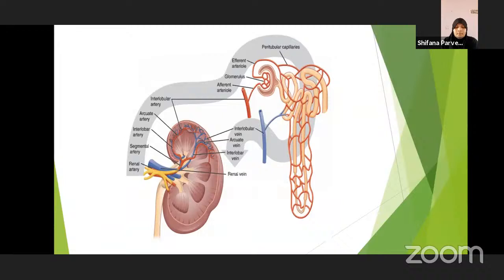The afferent arteriole enters the glomerulus of the nephron, forms glomerular capillaries, and leaves the glomerulus as efferent arterioles. The efferent arterioles continue as peritubular capillaries and vasa recta, and drain into venous systems such as interlobular vein, arcuate vein, interlobar vein, renal vein, then finally drain into the inferior vena cava of the heart.